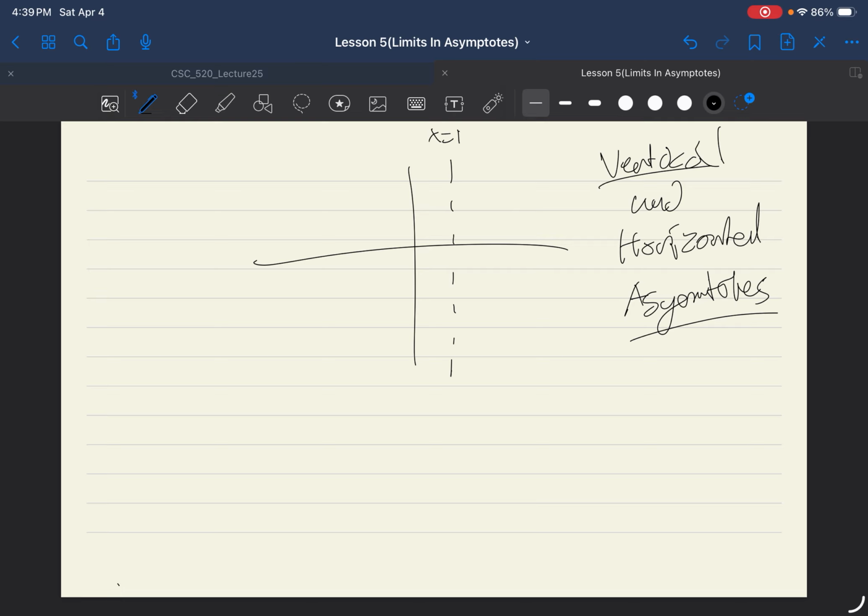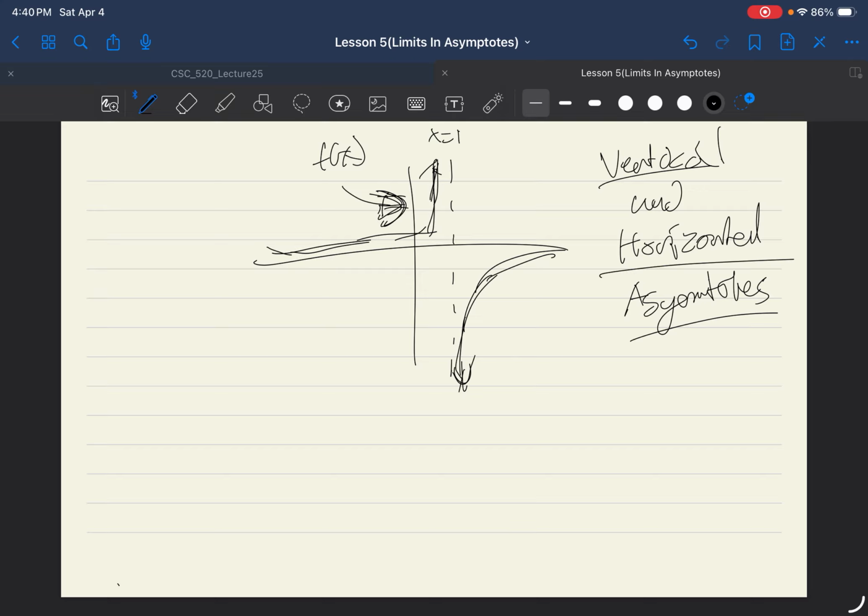This is when it is impossible for the function to reach that point. Meaning, for example, like this, right? No matter what happens, this function, let's call this f of x, will never reach x equals 1. It is impossible for that to happen.